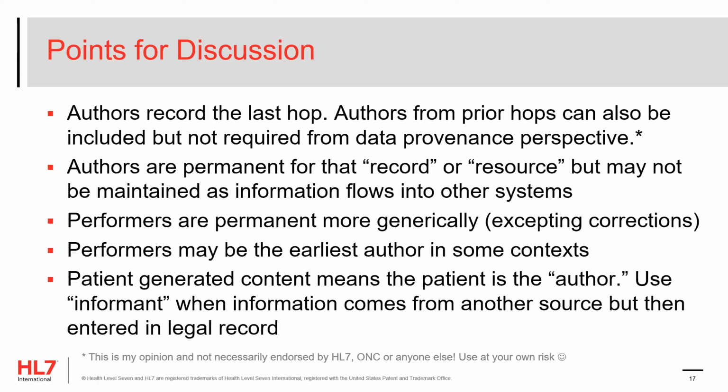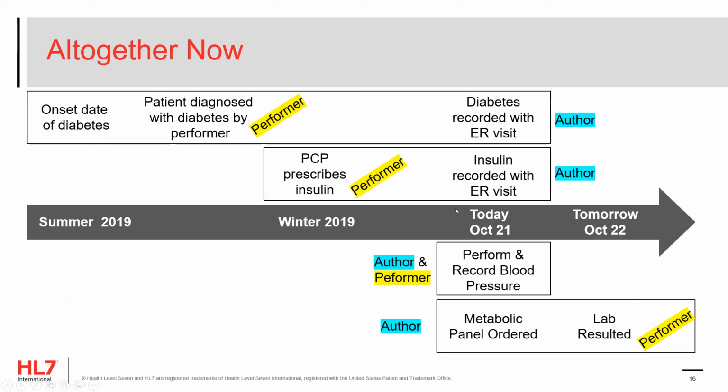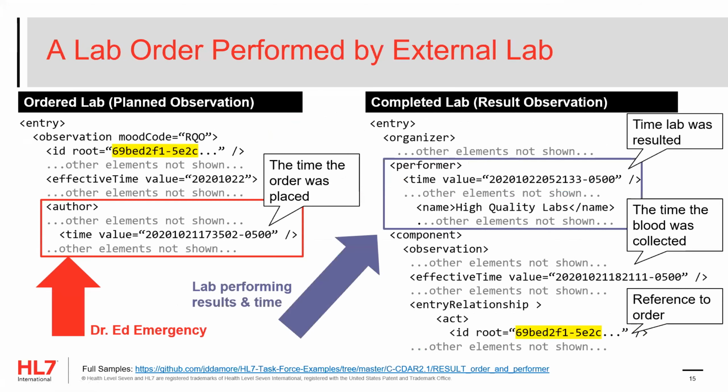Yeah, so a couple of slides back, you had the example of the lab order situation. So this one, yeah, the lab is ordered and you've got the entry with the ID root highlighted there. And then you've got the completed lab result observation with the same ID root.